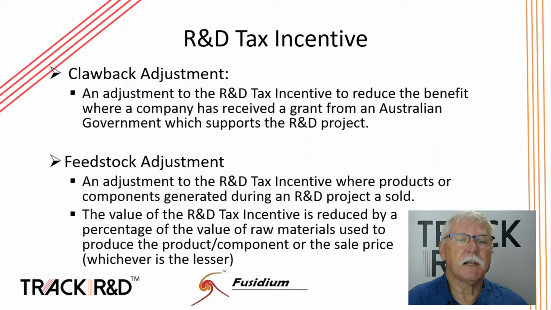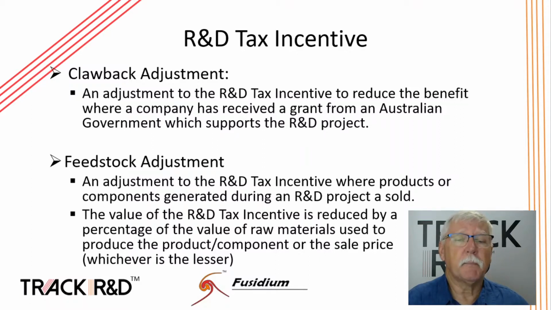A feedstock adjustment is a different type of adjustment to the clawback adjustment. In the previous example, we talked about supporting activities where product was produced on a production line for use in the R&D, assessing the performance of a new-to-the-world chip incorporated into the product.